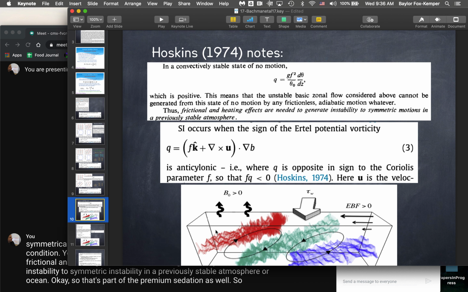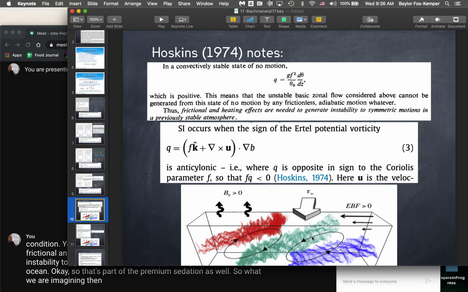So what we're imagining then is a configuration that looks like this. Here are isopycnal surfaces, here's the potential for overturning. We're going to need either convective cooling or winds that are down front, which is in the direction to drive the Ekman transport across, bringing cold water on top of warm water. That is an Ekman buoyancy flux, EBF. One of these features is required in order to drive toward negative PV.